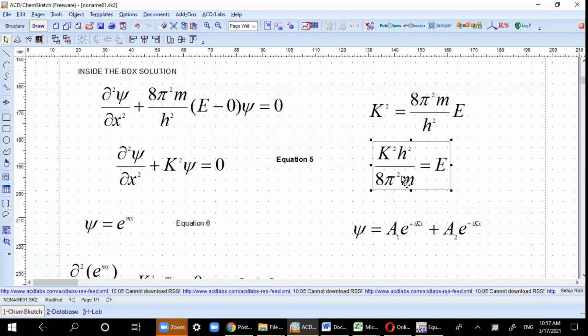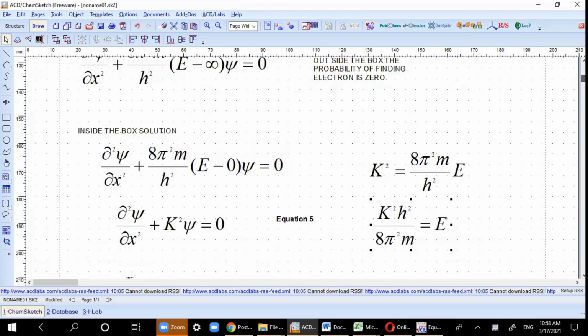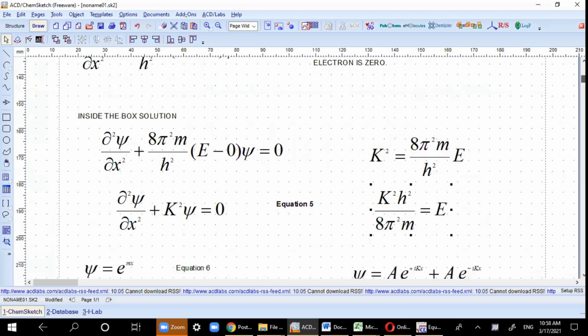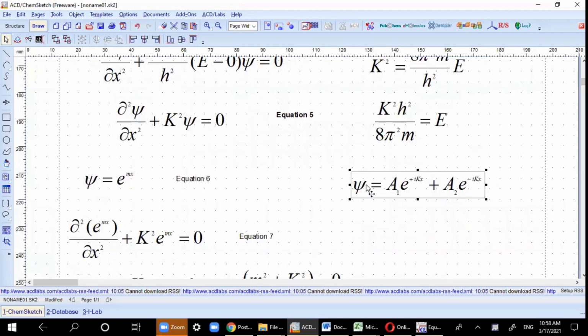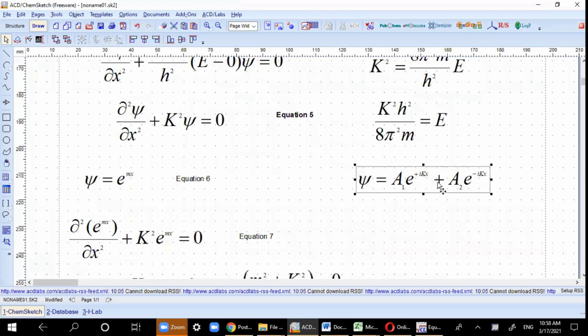Due to this it is coming. Now we are getting the solution for energy, E equal to k square h square by 8 pi square m, and we are going to find the solution for the wave function, that is psi is equal to a1 into e power plus ikx plus a2 into e power minus ikx. These are the solutions for the wave function as well as energy.